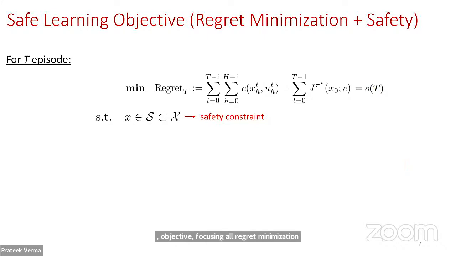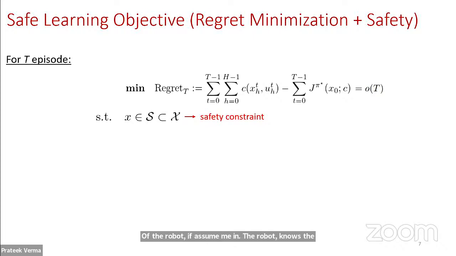For this one, we're assuming we have a capital T episodes of training. And what we want is to minimize the regret, representing the difference between all the costs that the robot receives during learning in these total T episodes and the ground truth optimal performance of the robot, assuming the robot knows the ground truth dynamics.